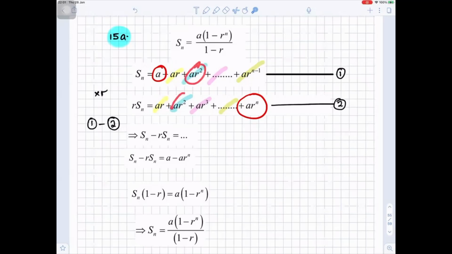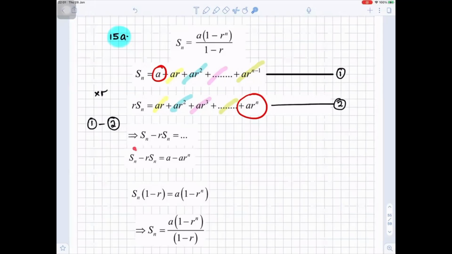The ar squared will minus the ar squared, which is 0. The ar cubed cancels, and ar to the n minus 1 will minus ar to the n minus 1. So what you will be left with is a and ar to the n. So Sn minus rSn equals a minus ar to the n.